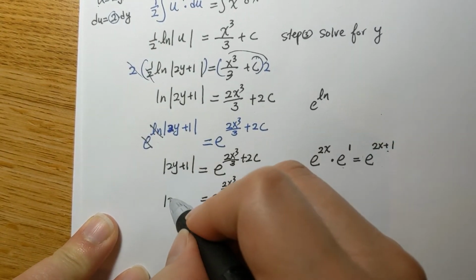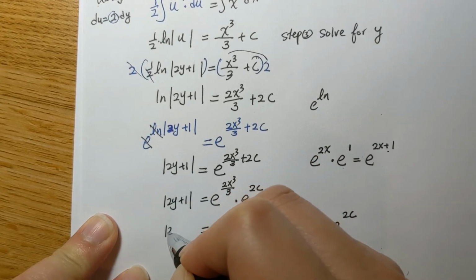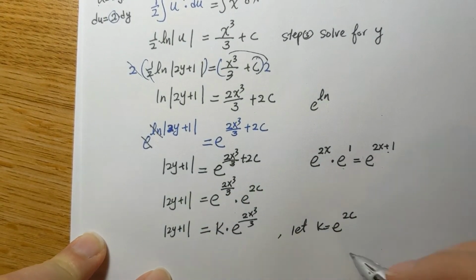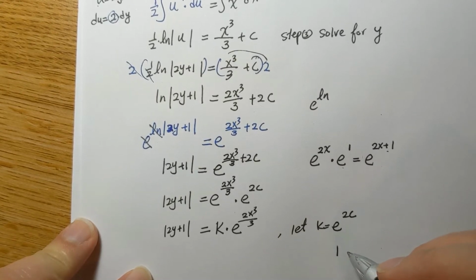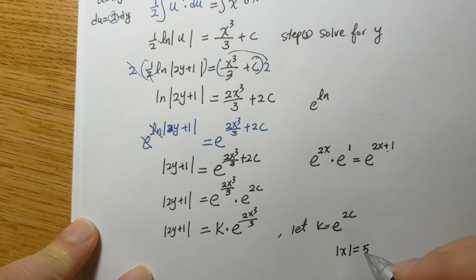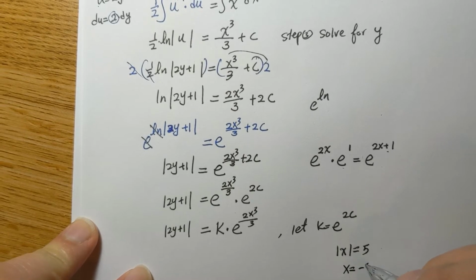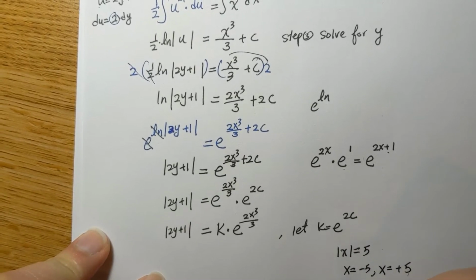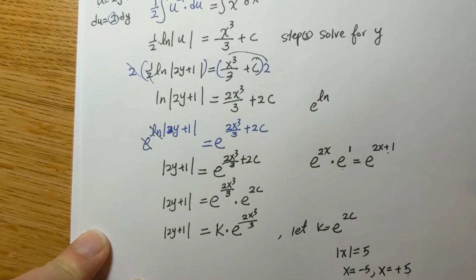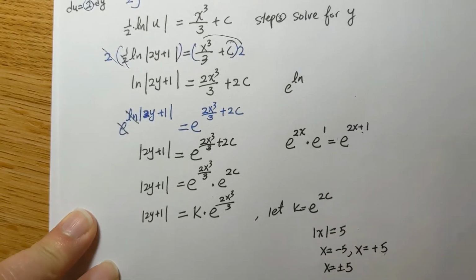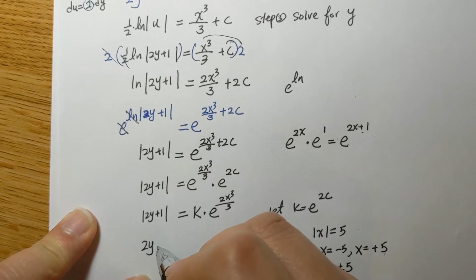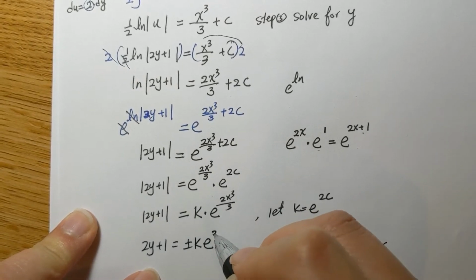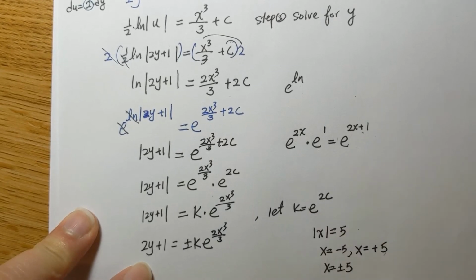Now on the left side, we still get 2y plus 1 inside the absolute value. We know that if the absolute value of x equals 5, x equals negative 5 or positive 5. That means x equals plus or minus 5. So we get 2y plus 1 equal to plus or minus k e to the 2x cubed over 3.